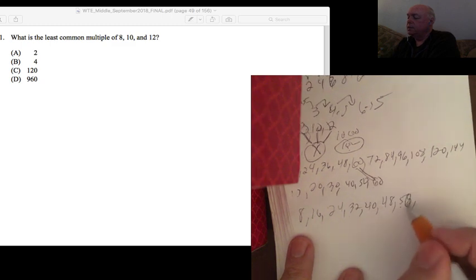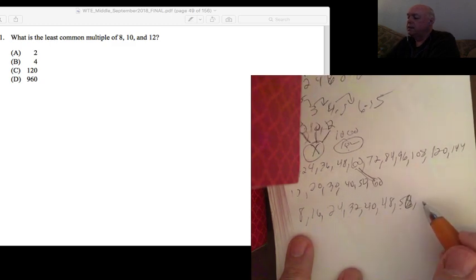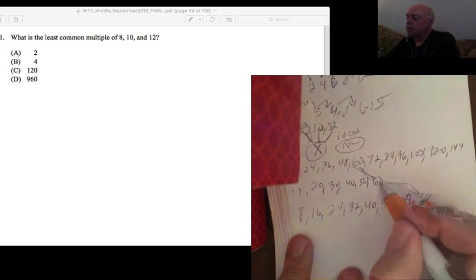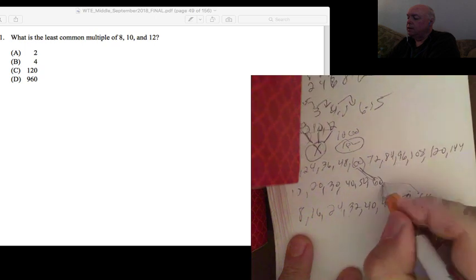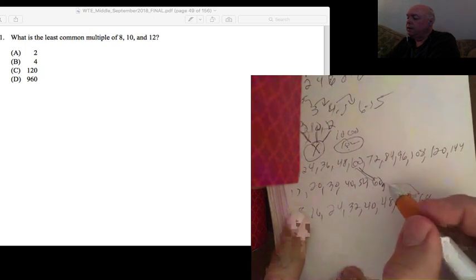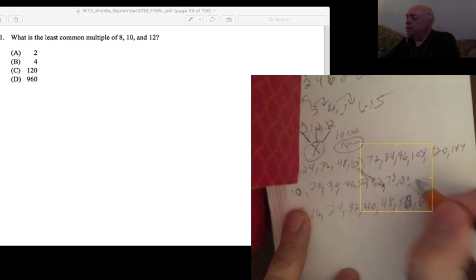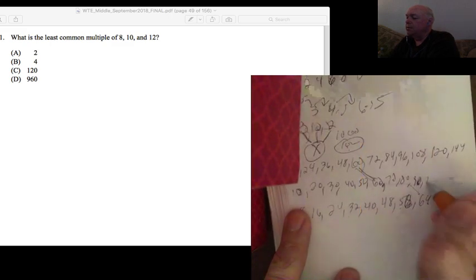Since 64 is greater than 60, 60 can't be it. So we come back up to the 10s and go 70, 80, 90, 100, 110, 120. So we see now that 120 is the next match. 60 didn't work because 8 doesn't go into it.